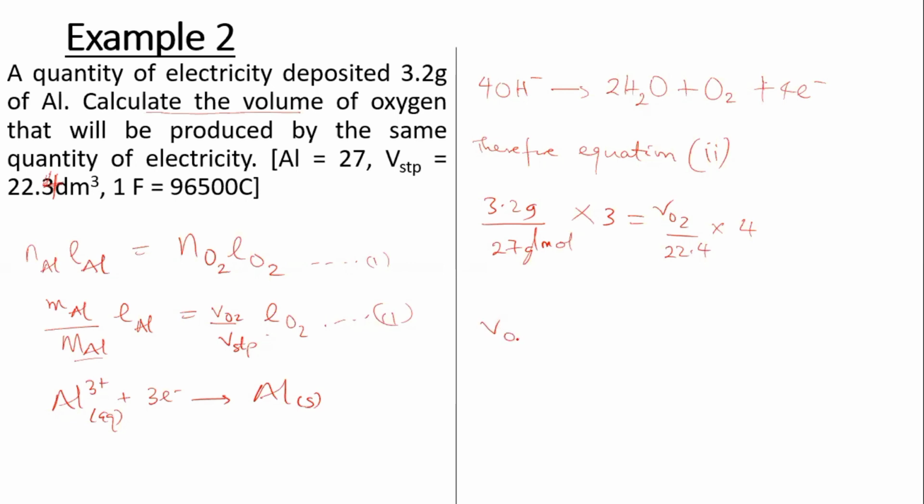So we're going to have 3.2 times 22.4 times 3, divided by 27 times 4. So if you press your calculator, you will have 1.99 dm cube.